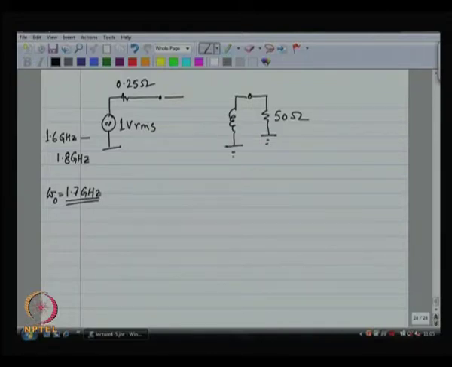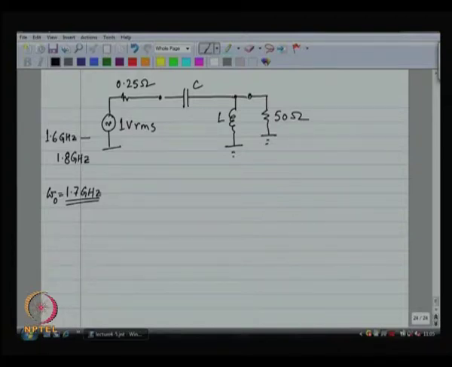It could be L, it could be C, it does not really matter. So, L in parallel with R transforms to more or less the same L in series with a much smaller R, right. Fine. So far so good.